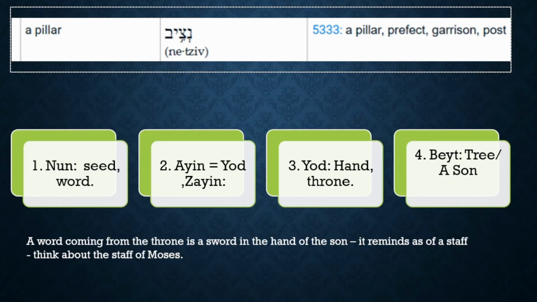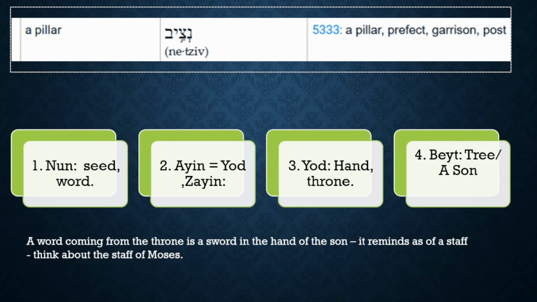So if you become a pillar in the temple of Yahweh, you receive a sword. But that sword is in line with God's eyes of fire.